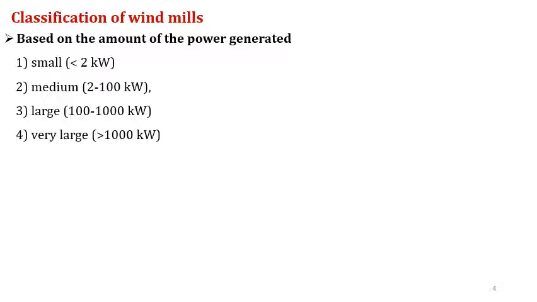When it comes to small scale, it is up to 2 kilowatt. This might be based on farms, remote applications and other places requiring relatively low power, which is only about 2 kilowatt. So it will come under small scale wind power plant.